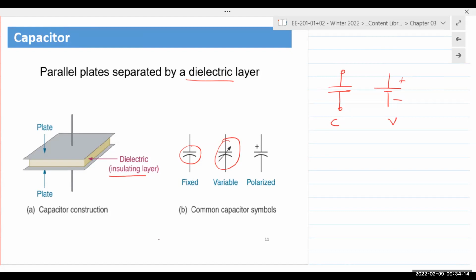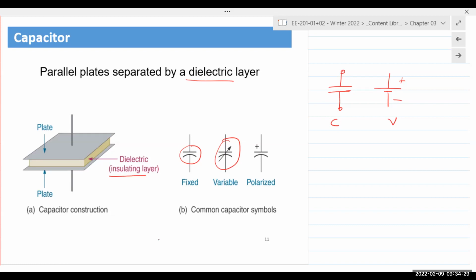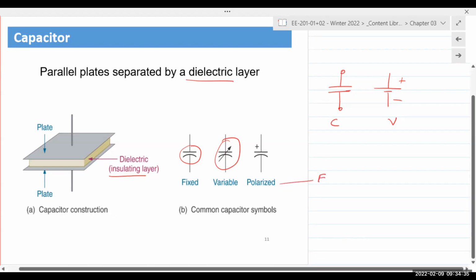If the current enters through one end, that end is positive, the other end is negative. But there are some polarized capacitors that actually have a plus and a minus sign on the terminals. Those are a special kind of capacitor known as electrolytic capacitors.